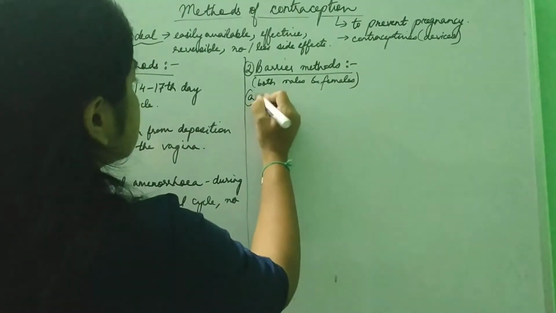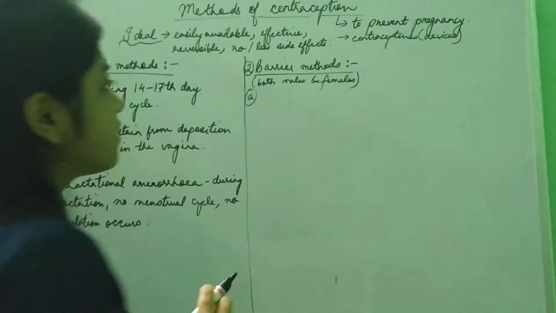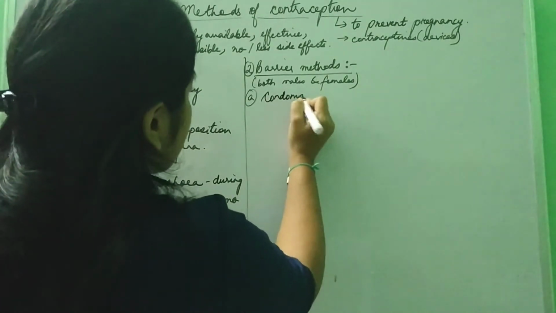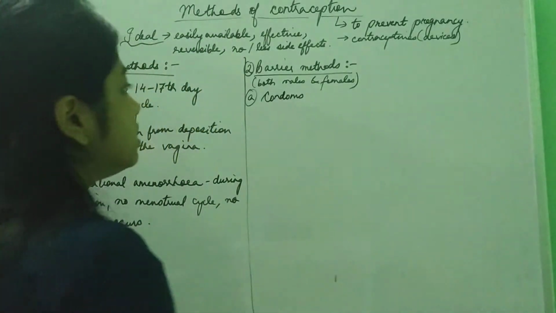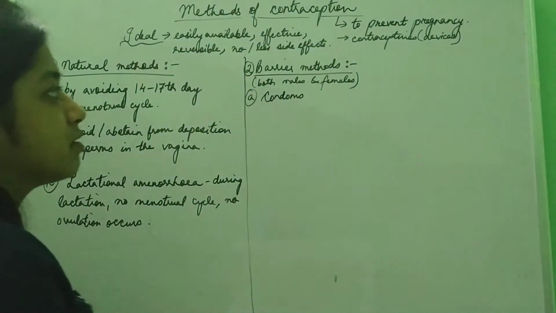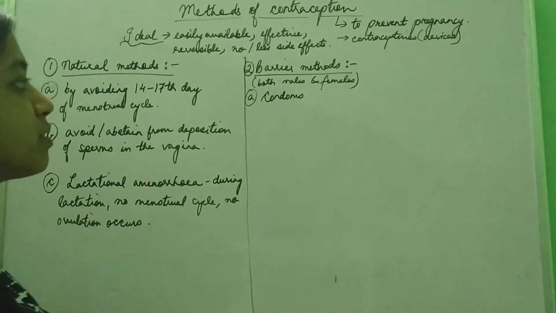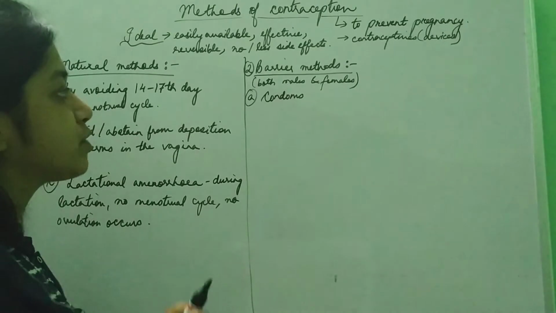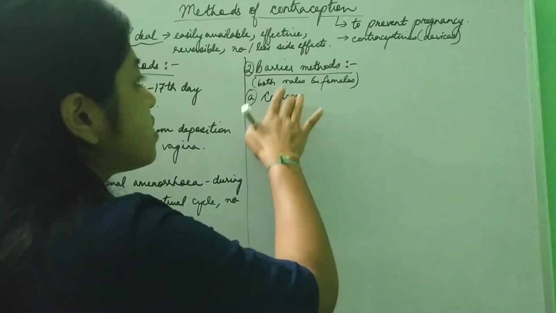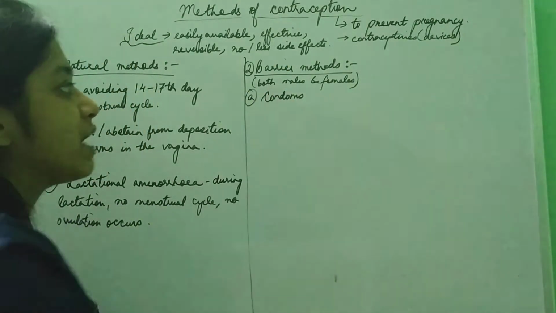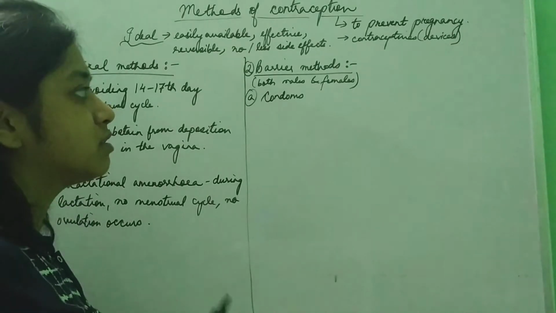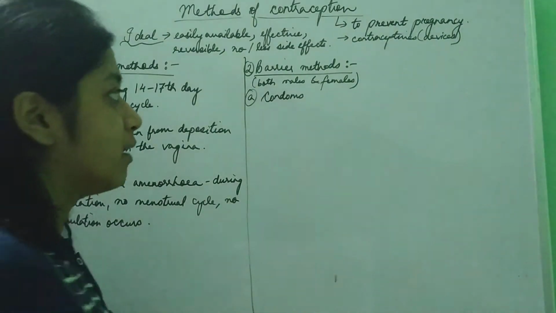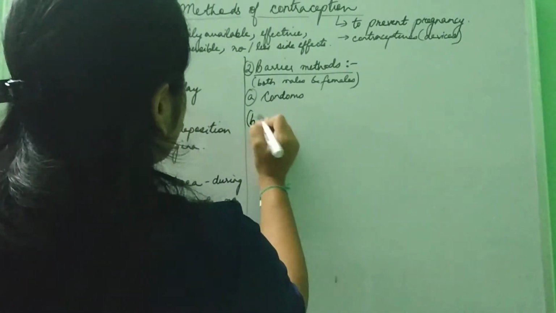First, which is very commonly used, condoms. Condoms are physical contraceptive devices which are available for both males and females. Using a condom is a barrier method because it acts as a barrier so that the sperm cannot reach the egg. They prevent the meeting of both sperm and egg.